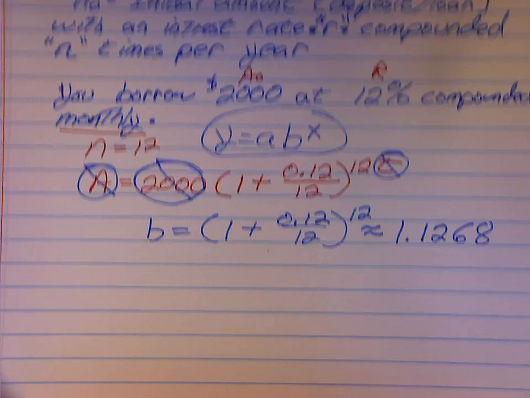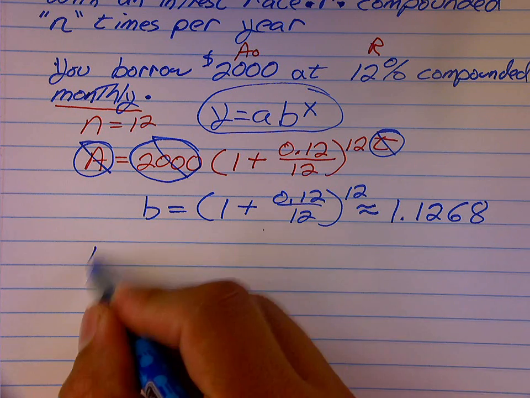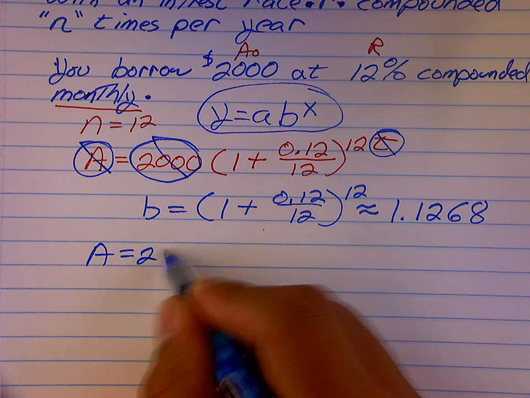Why would I want to do this? This is a very important thing to understand, especially if you're ever taking a loan out. You were told that the loan was 12%. However, I just showed you that I could rewrite that same formula this way.